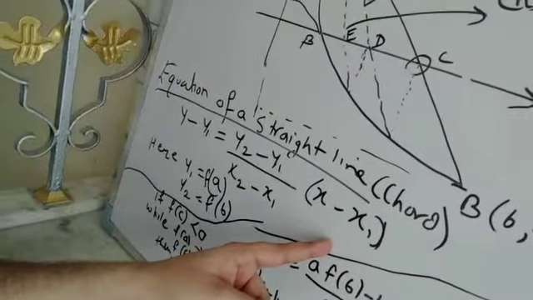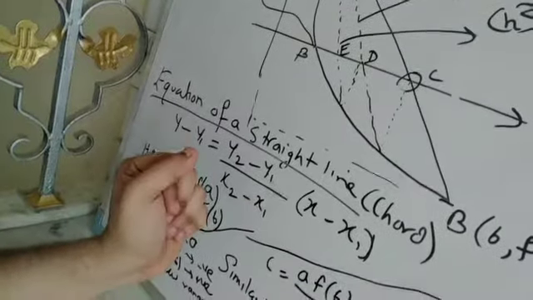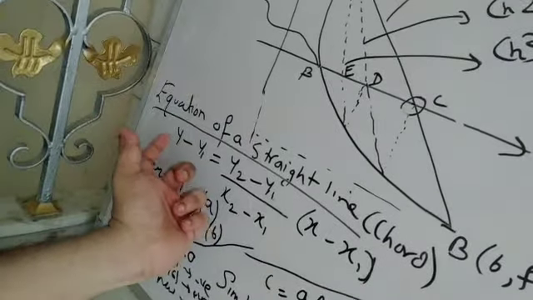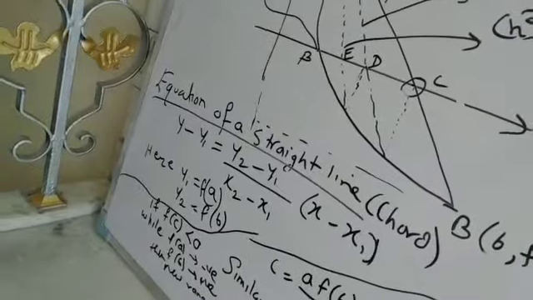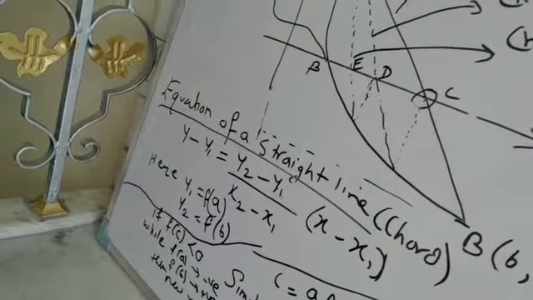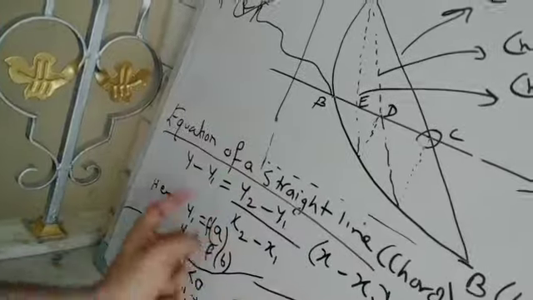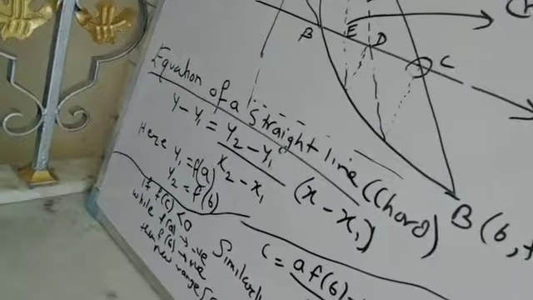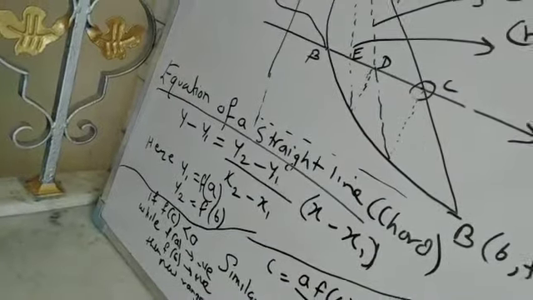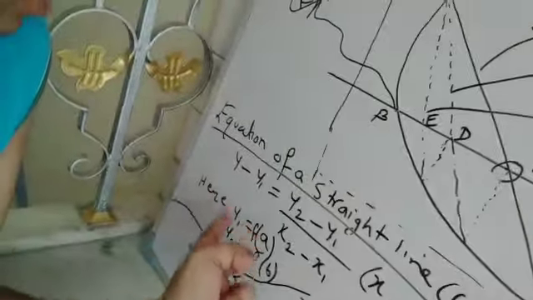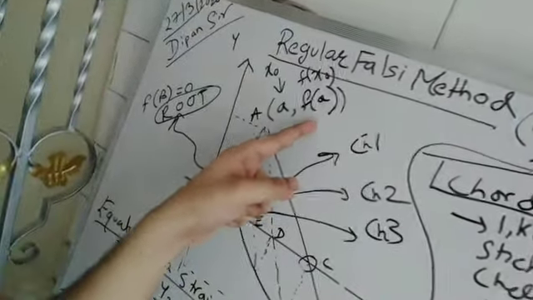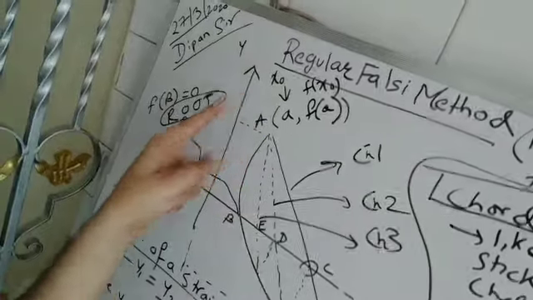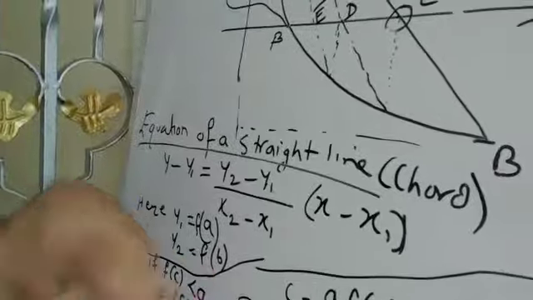That is the equation of a straight line joining two points (x1, y1) and (x2, y2). You have learned this from your higher school mathematics. Here y1 is Fa, because we want to start from here, and y2 is Fb.